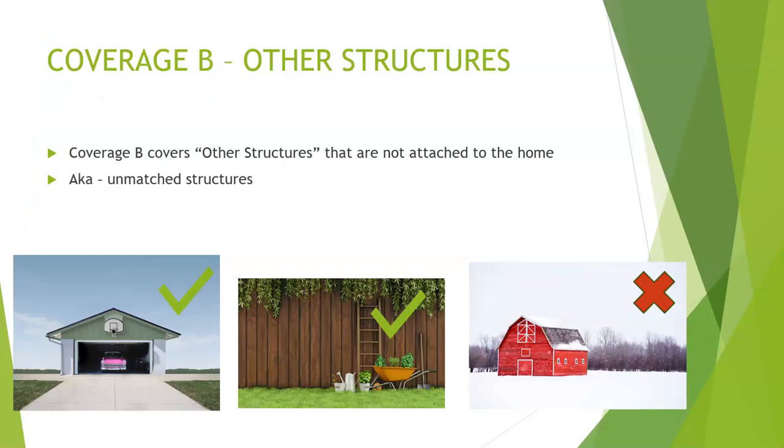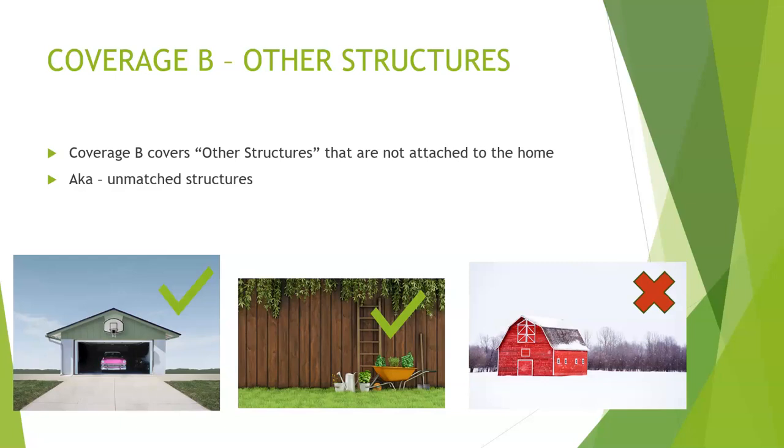Now, coverage B covers other structures that are not attached to the home or dwelling. For example, the unattached garage would not be covered in coverage A, but instead would be covered under coverage B, along with sheds, fences, and any other structures that are not attached to your home.